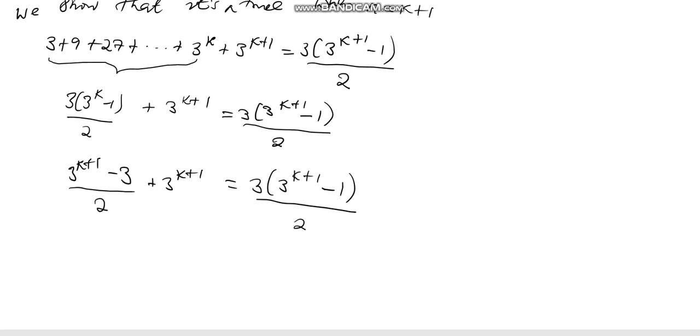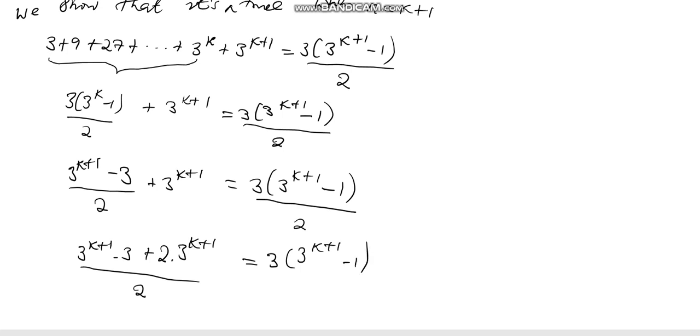So now here, if we make these two fractions a single fraction, we're going to have 3 to the power k plus 1 minus 3 plus 2 multiplied by 3 to the power k plus 1, then everything here we divide by 2 is being equated to 3 open brackets 3 to the power k plus 1 minus 1 divided by 2 this side here.